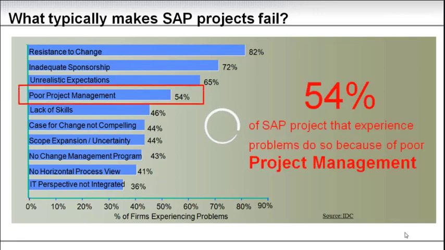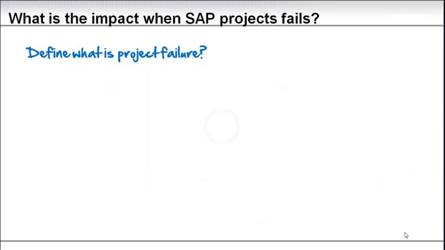In this survey, it's very remarkable that high up on the list is that 54% of projects fail because of poor project management. Please keep that in mind, as we will address this a little later.